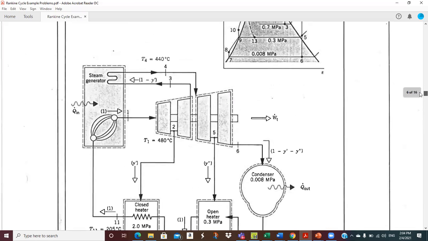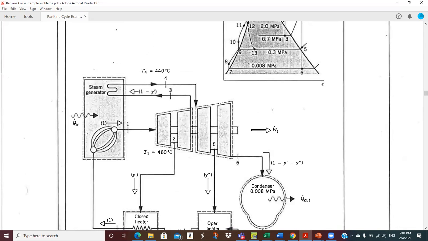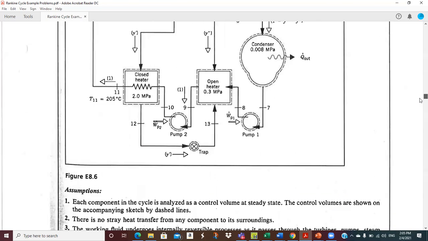So that first part, H1 minus H2, is the full steam flow. The first extraction comes out 15.22%. And then from H2 to H3, we've got 1 minus Y1 times that enthalpy difference. And that will then be the total work out of this first turbine. And then, so let's go on back down.